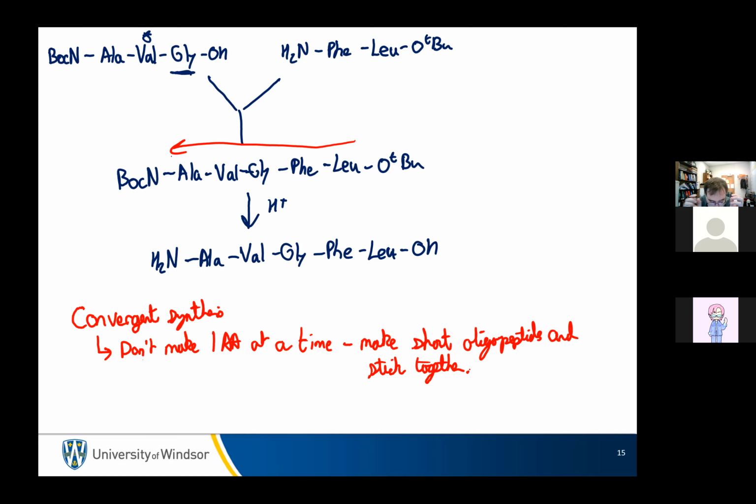And by making the phenylalanine leucine one in advance and then connecting it together, the alanine, the first amino acid, didn't need to add phenylalanine and then add leucine. It could add them as a single unit. So it decreased the number of total steps that alanine had to go through. That is going to increase your yield. It's a shorter linear sequence for the thing that has to go through the longest sequence.